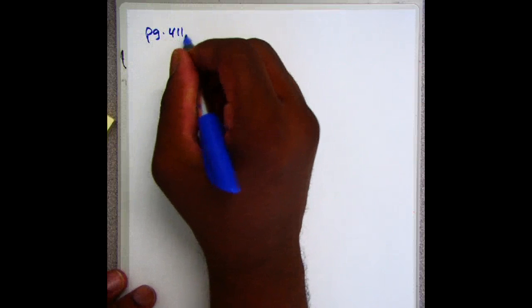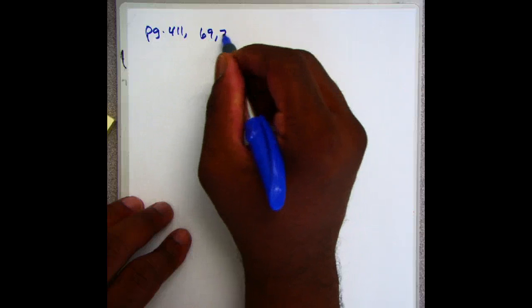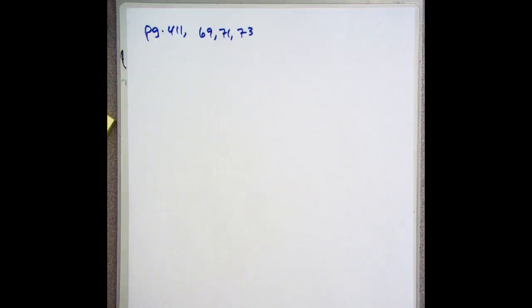sizes. Now, your homework for this section is page 411, and it's problems, I think it's 69, 71, and 73. And when you take a look at those problems in the book, they actually want you to use Euler's method with 10 steps.